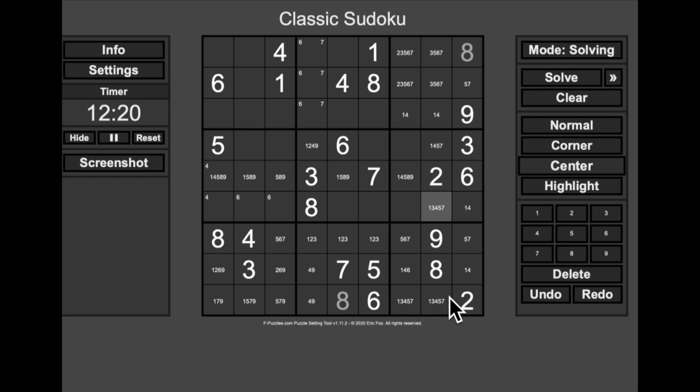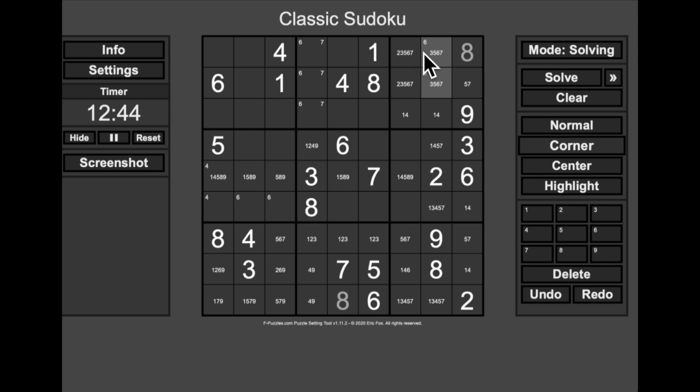2, 8, 9. 1, 3, 4, 5, 6, 7, right? These are 1, 2, 3, 4, 5, 6, 7 in some order. Let's see, I've established these must be a 6.